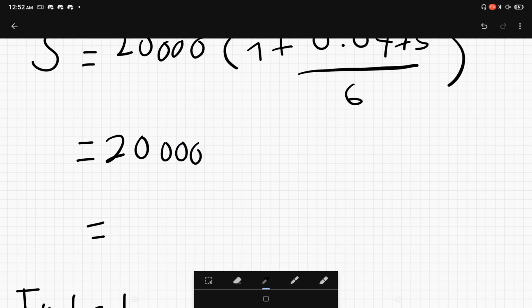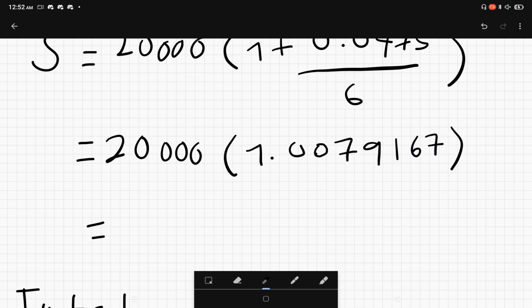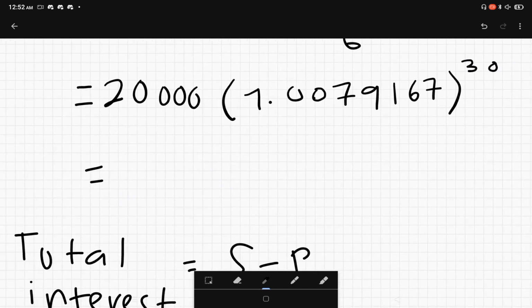So it's 20,000 ringgit in bracket 1.0079167 in bracket the power of 30.